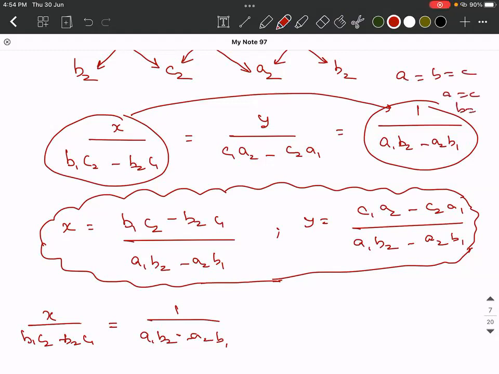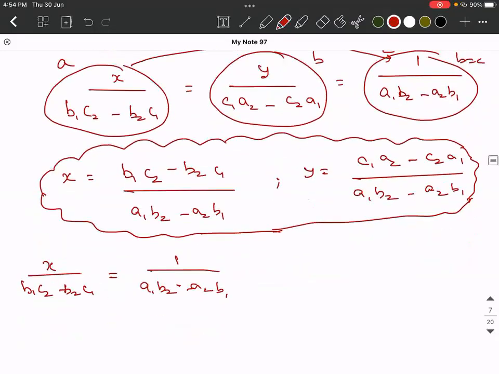Can I say B is equal to C? That's what I used. So this is A, this whole thing is B, this whole thing is C. So I equated A and C. I got x divided by B1 C2 minus B2 C1 is equal to 1 divided by A1 B2 minus A2 B1.